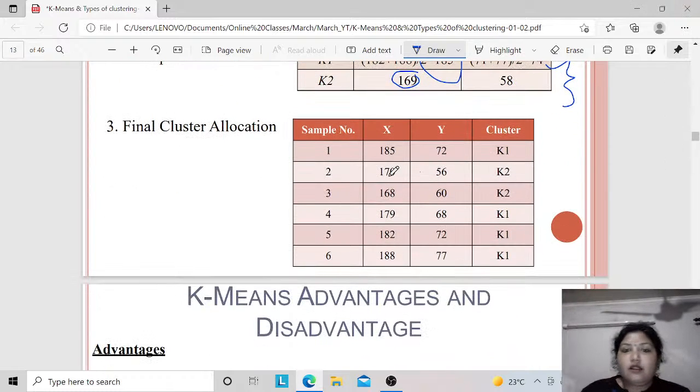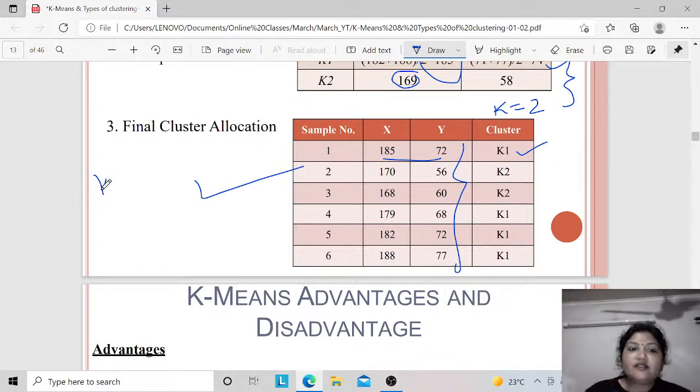Now this is your last step, and this is why you are applying k-means. You have the data points, and our k value is 2. That means our whole data points are segregated into two clusters. Like this point is falling under cluster 1. So how do we write it? Cluster 1 would have sample numbers 4, 5 and 6, right?